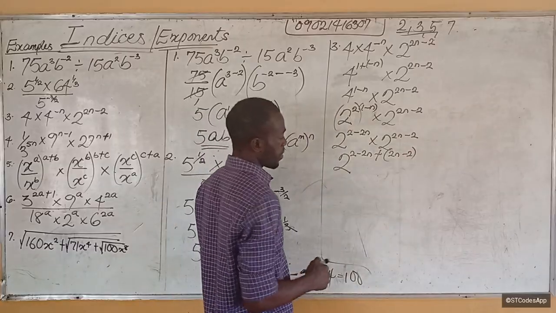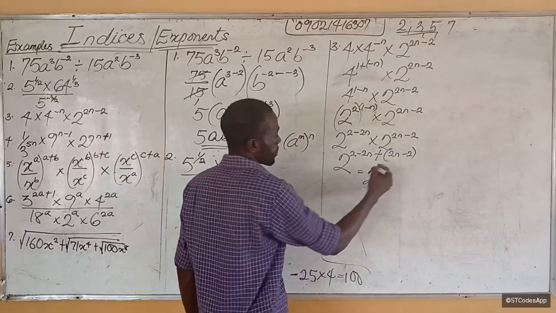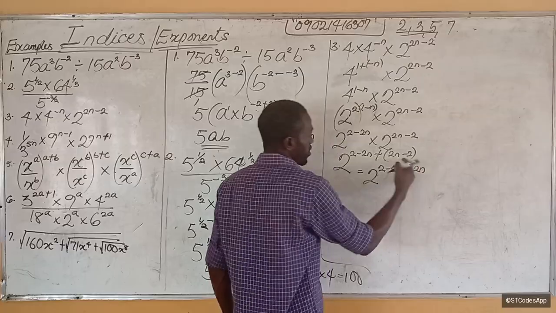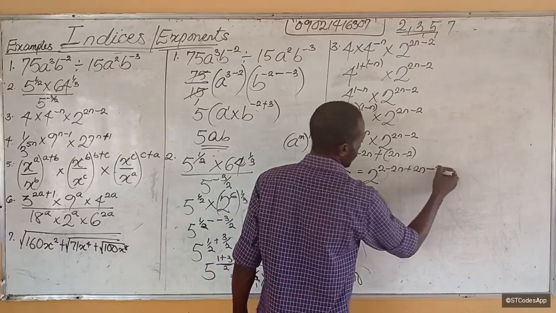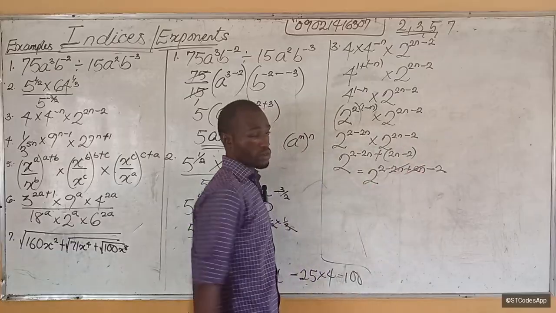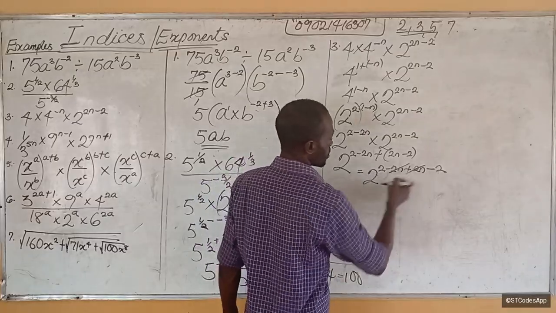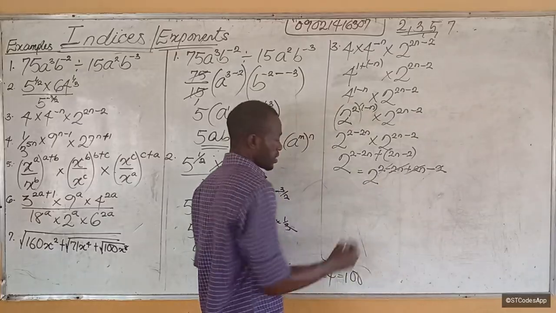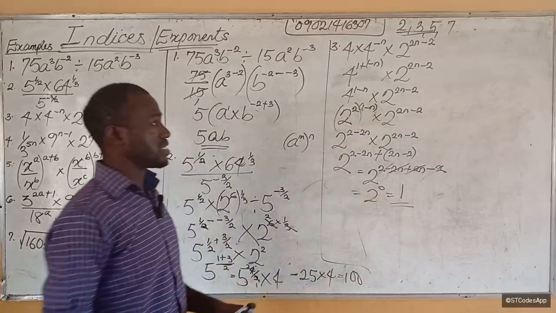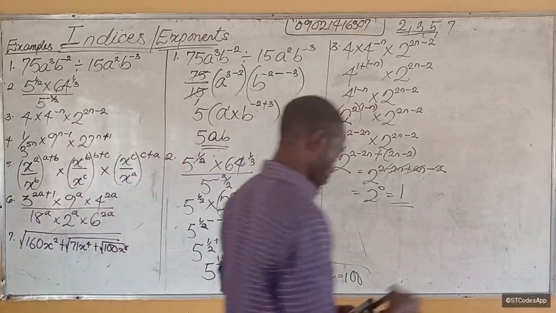It becomes 2 raised to power 2 minus 2n plus 2n minus 2. The 2 and the minus 2 cancel out to give 0, right? The minus 2n and plus 2n cancel out also to give 0, right? So 2 raised to power 0 is equal to what? 1. And that is the answer for number 3.